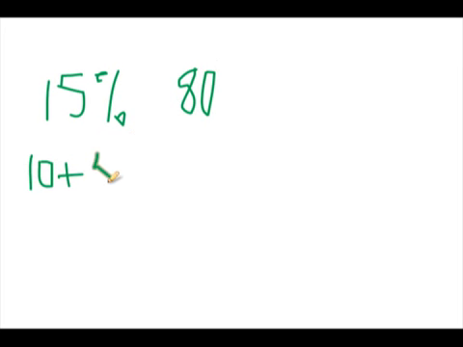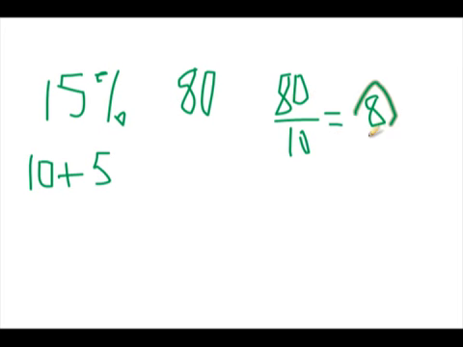So I'm going to compute 10% first, and after that 5%. 10% of 80 is 80 divided by 10. I have to move the decimal point just one place, so that gives me 8. That's the 10%.